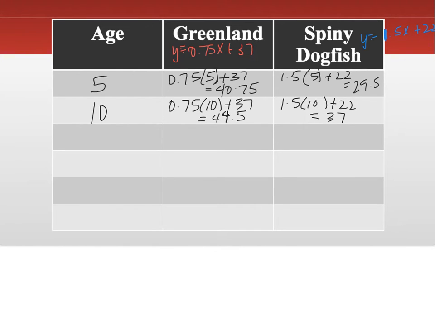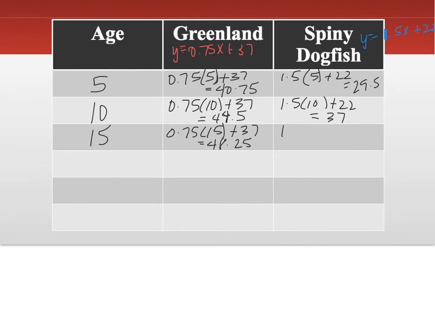Again, they're not the same, but they're catching up to one another. So let's try 15. 15 will be 0.75 times 15 plus 37. So 0.75 times 15 gives us 11.25 plus 37 is 48.25.